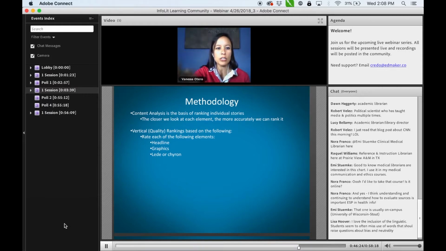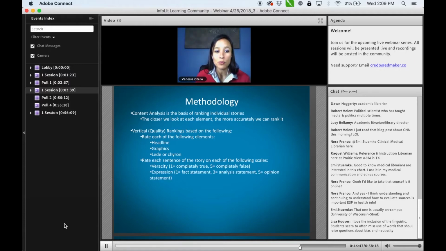It's something that says, breaking news, debate at 1 p.m., or however the news is categorized, that would be rated as well. And then rating each sentence of a story on each of the following scales, which would be veracity. So this is like the PolitiFact kind of scale, like mostly completely true to completely false. That's one thing to measure, but another thing to measure is the expression.